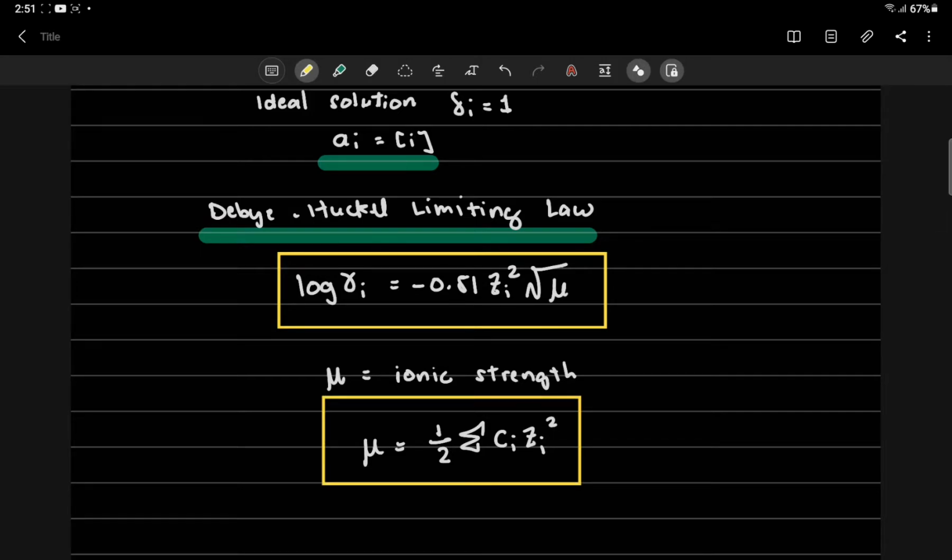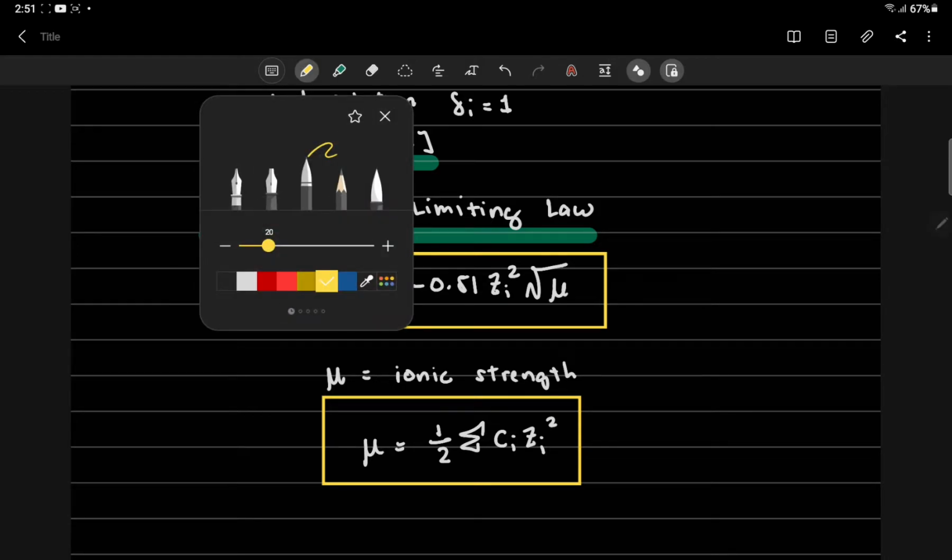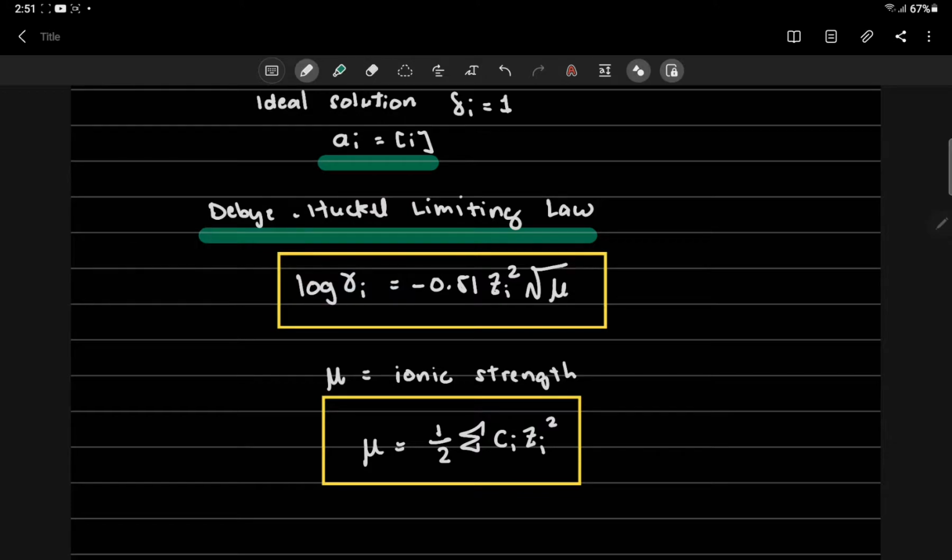Okay? So, since na-define na natin dito yung Z, alam nyo na kung anong ibig sabihin ng Z dito sa ating Debye-Hückel equation. So, Z is the charge of the species or ion.